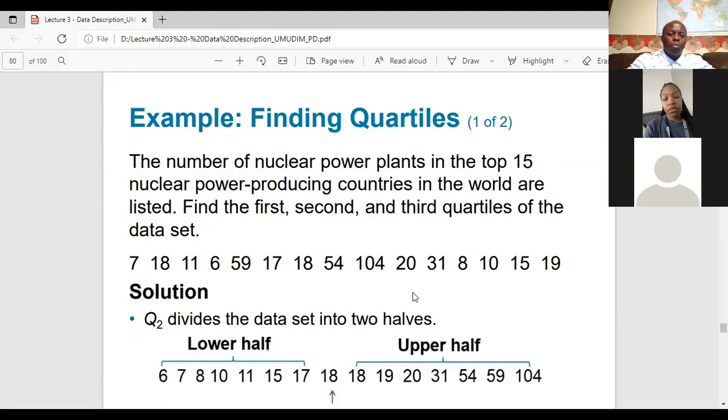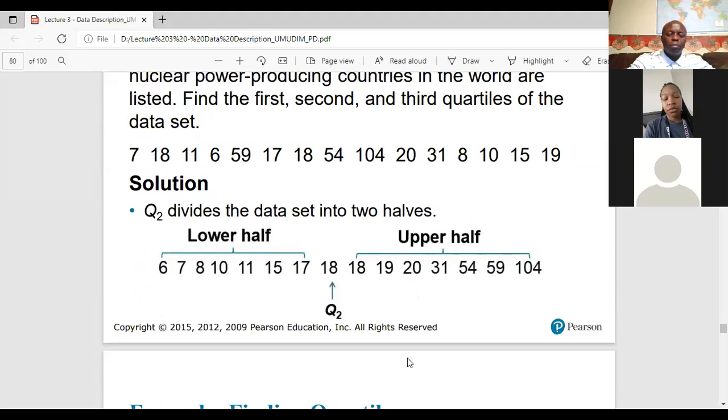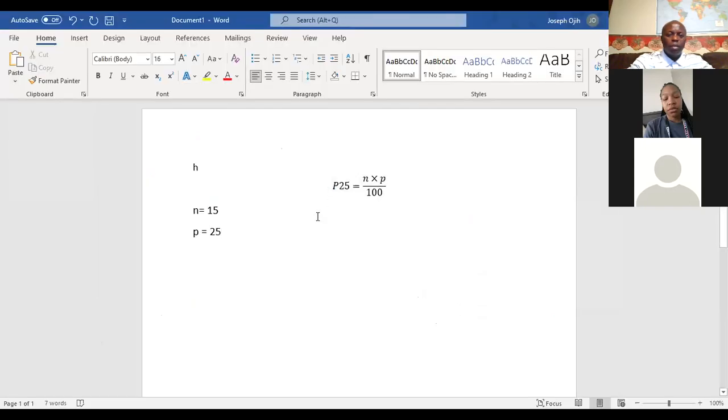So for this particular question, we can now plug this into the formula. Q1 becomes N times P over 100.